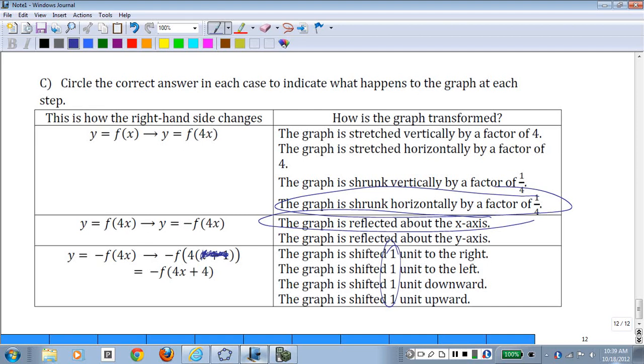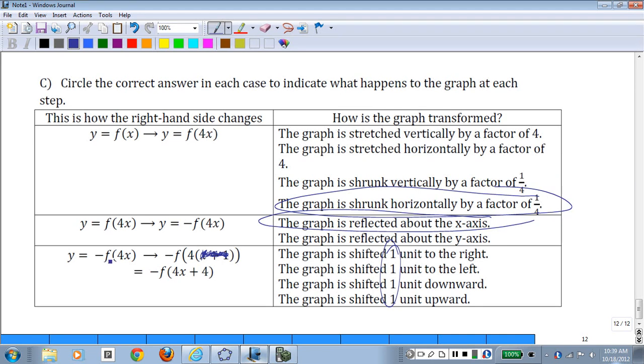It kind of looks like we're adding 4 on the inside. And when we've sort of done that in the past half hour or so, it shifted the graph 4 units to the left. But we've got to think of it not as adding 4 on the inside, but as substituting x plus a number or x minus a number for x, and then simplifying if necessary.